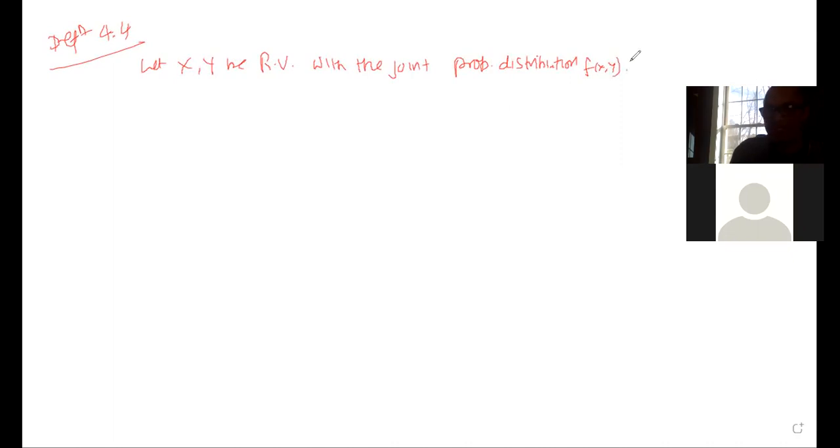The covariance of x and y is, now I'm going to define it, sigma xy.